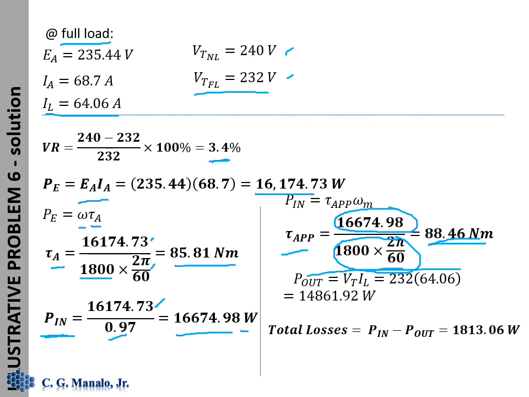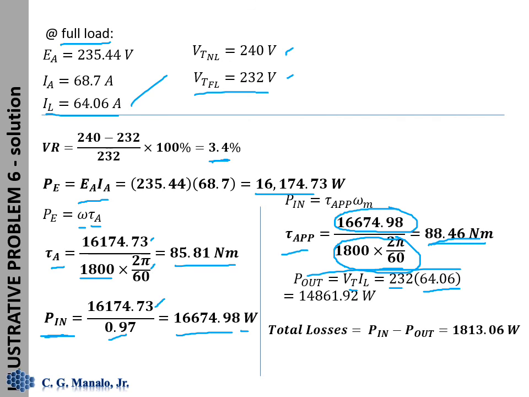And finally, we could compute for the output power of the generator, and that should be the terminal voltage at full load times the load current, which we computed earlier.